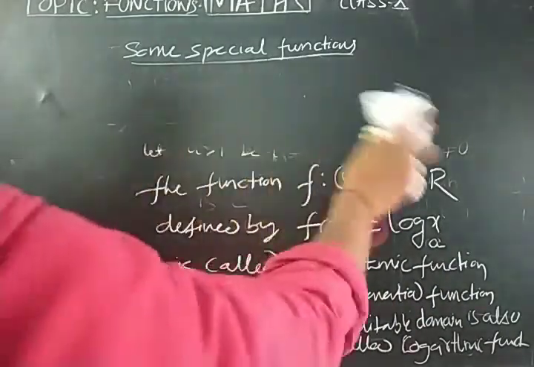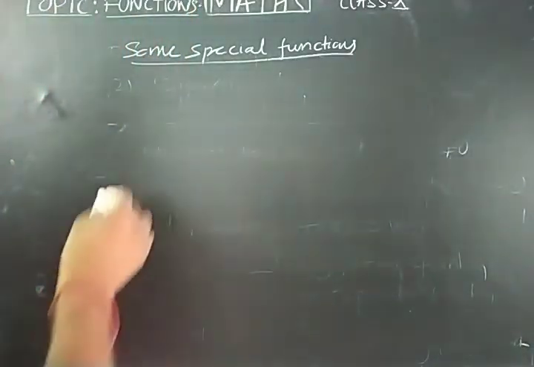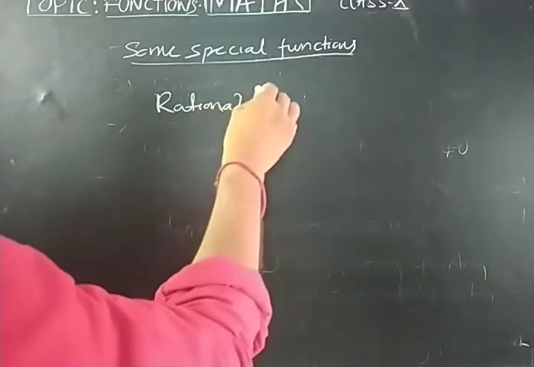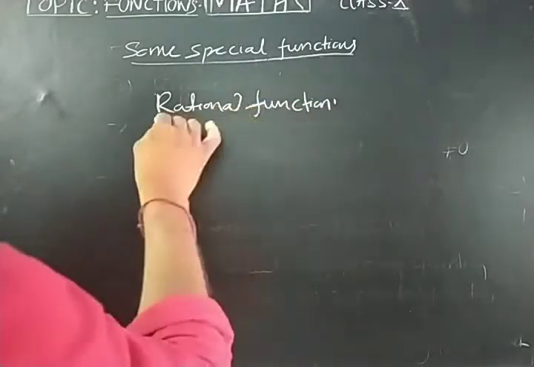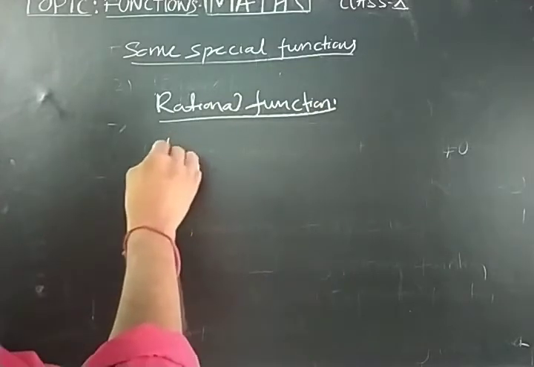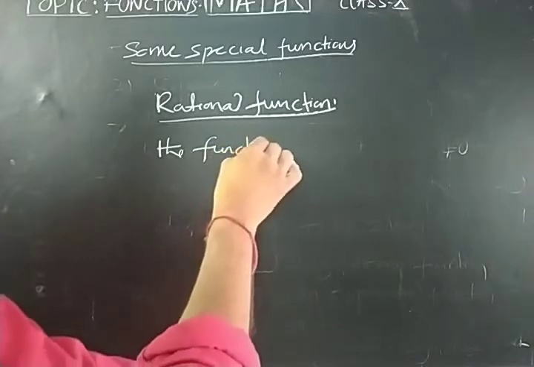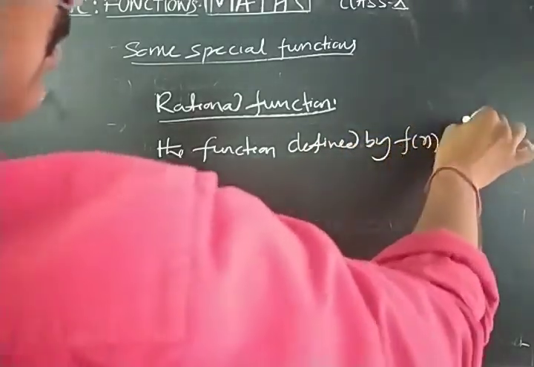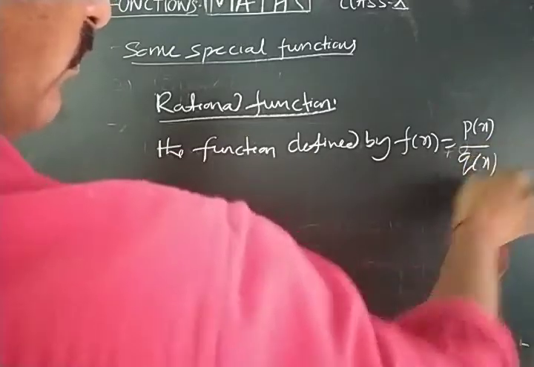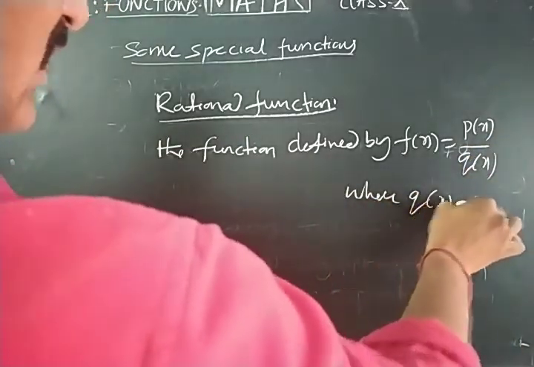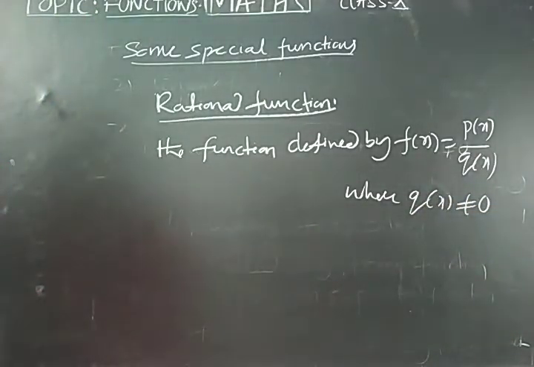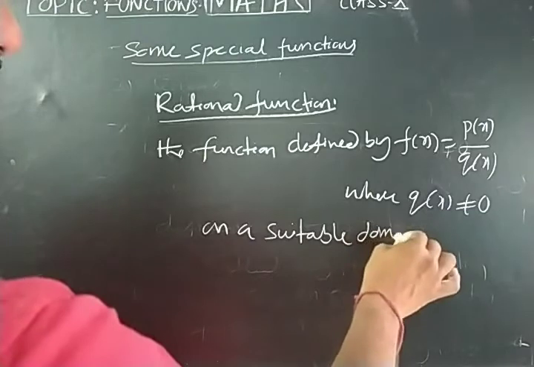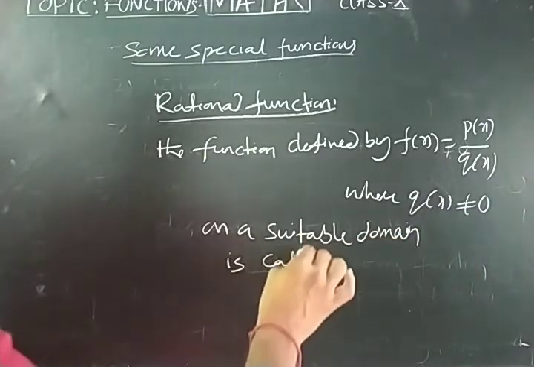Okay, next, rational function. The function defined by f of x is equal to p of x by q of x, where q of x not equal 0, on a suitable domain is called rational function.